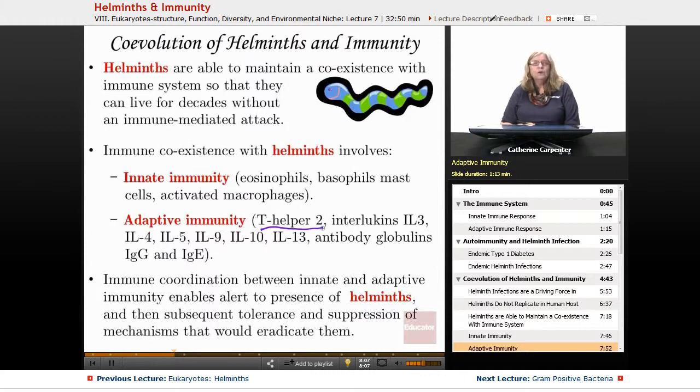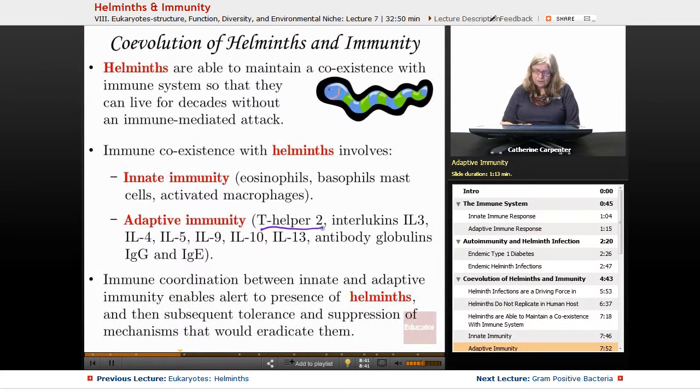So this whole coordination between these various components of the immune system, first of all, the immune system has to be alerted to the presence of the helminth, and then that alert has to translate itself over to the adaptive immune system, such that these specified T cell reactions and antibody reactions do not serve to eradicate the helminth.